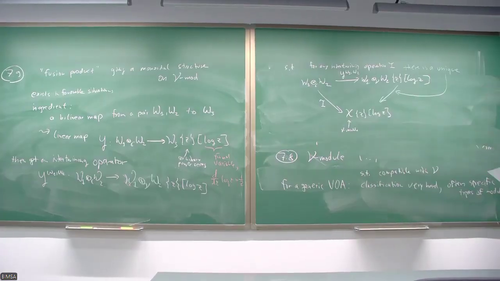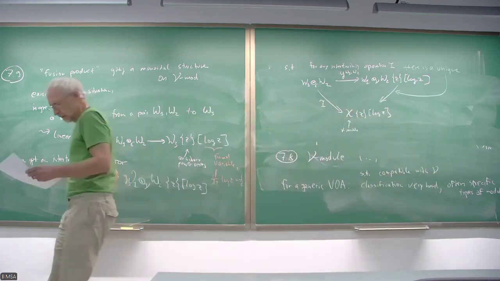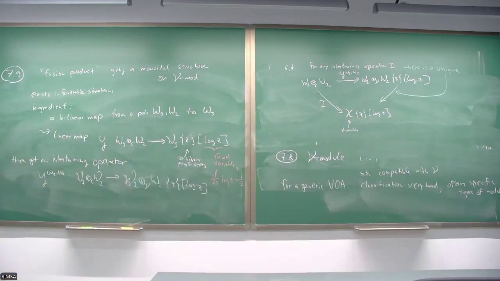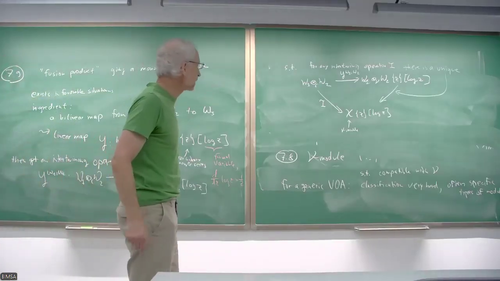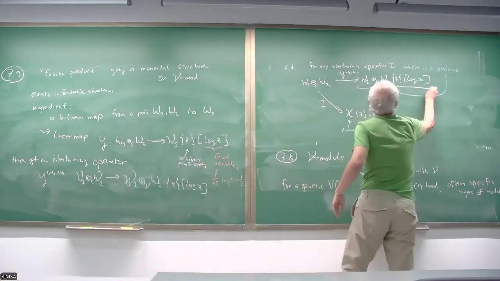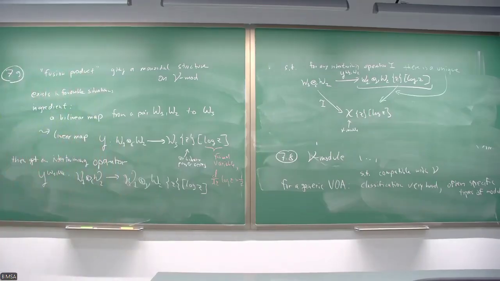So this must exist and be unique. Just like for other universal properties, if this is the case, then my fusion product is determined uniquely up to unique isomorphism.